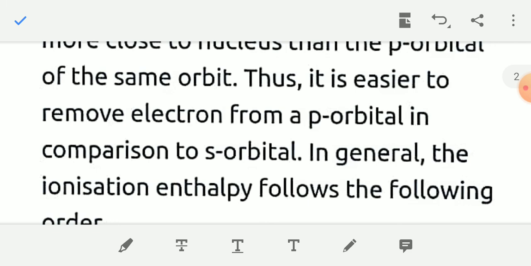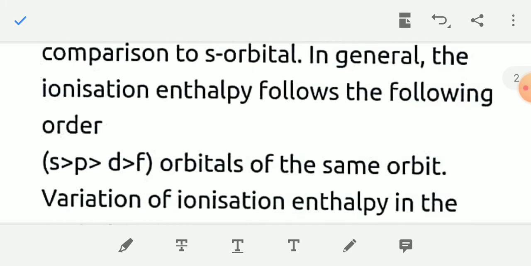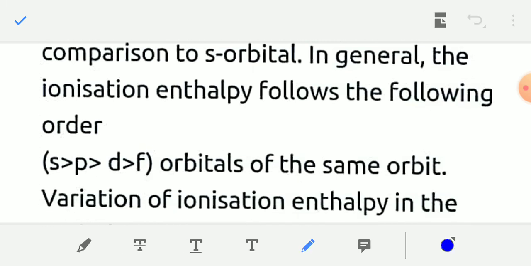This is because the electrons present in s orbital are more tightly held by the nucleus. In general, the ionization energy follows the order: s orbital greater than p, greater than d, greater than f orbitals of the same orbit.